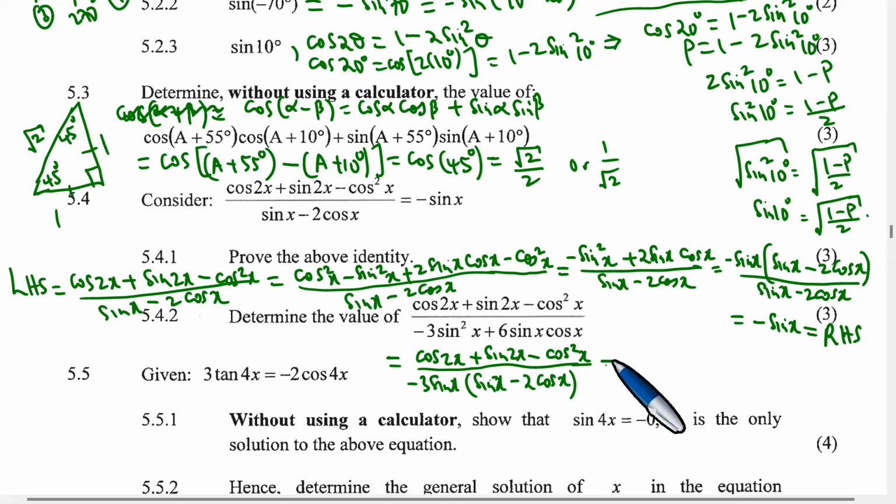So we can proceed and say this with that together. So here you'd have 1 minus 1 over this. But this is minus sine x. So if you have the minus sign, then it cancels out and it gives us 1/3.